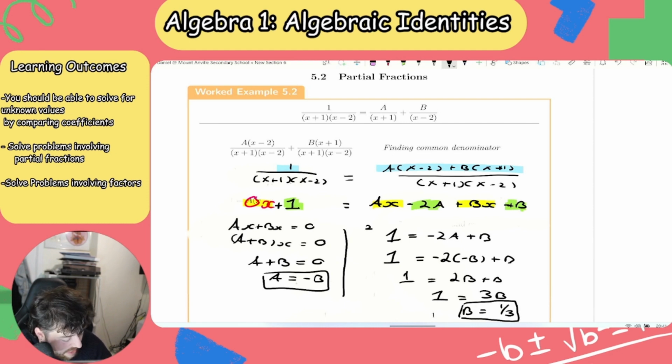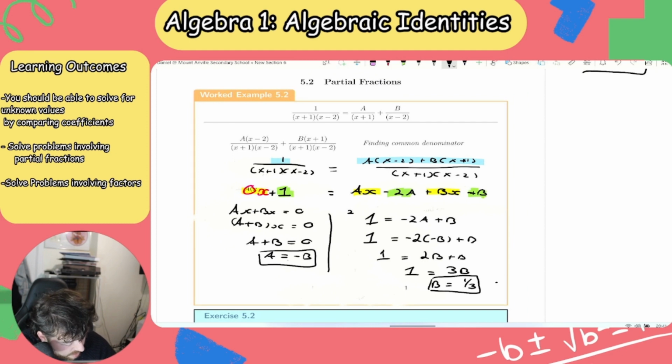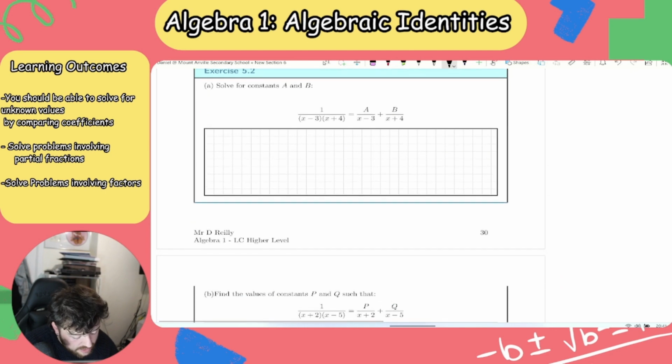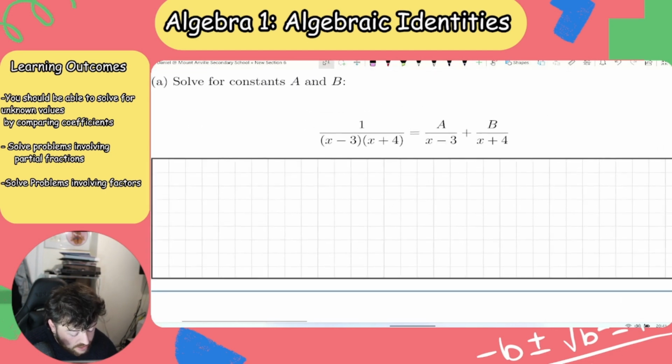Right? And if b is equal to 1/3, therefore a has to equal minus 1/3 because a is equal to minus b. So let's do 2 more examples of that, and it'll be very much the same really.